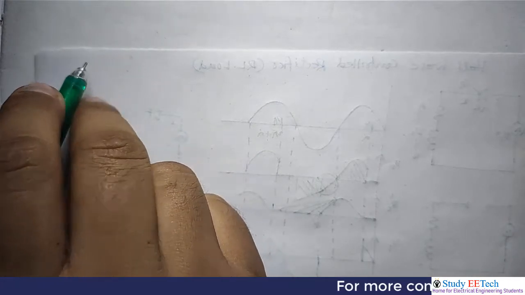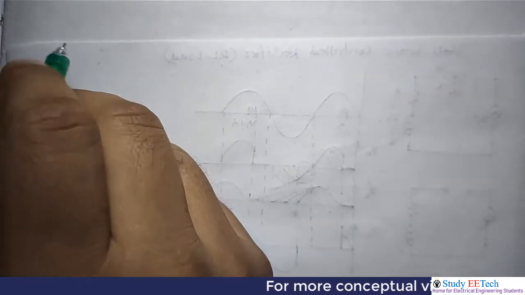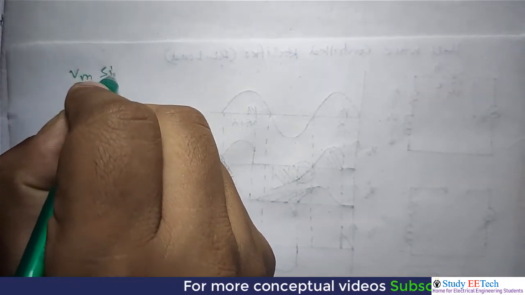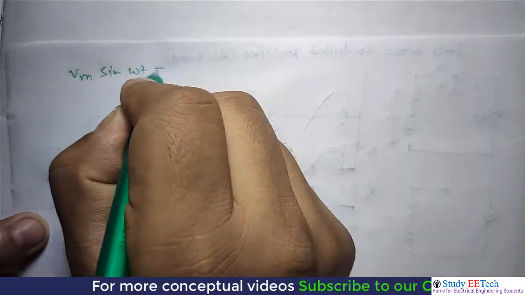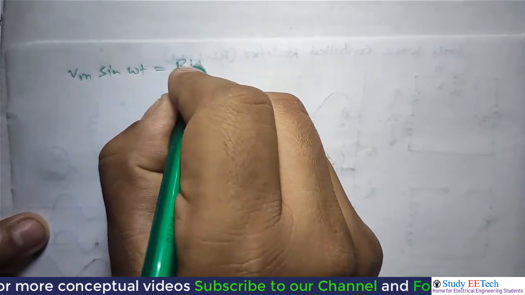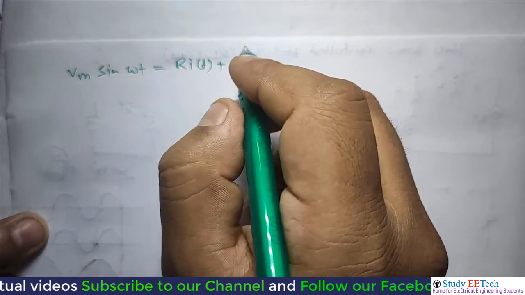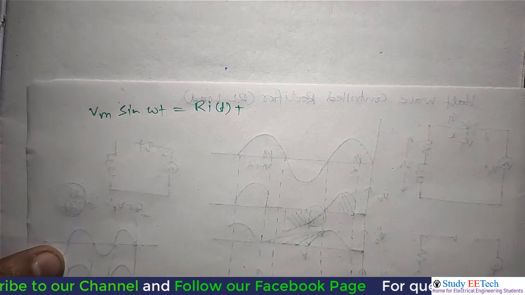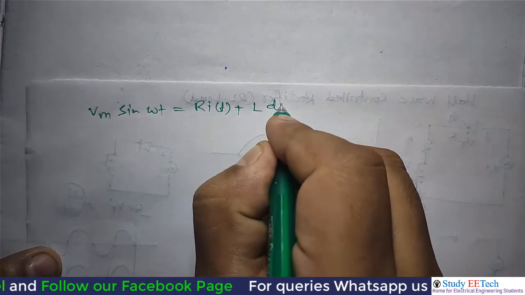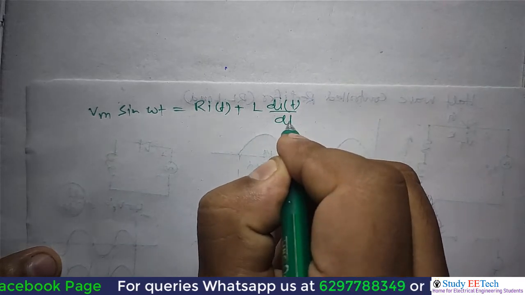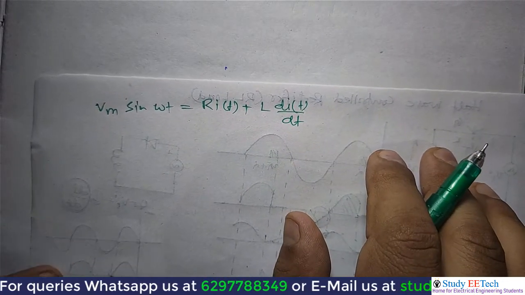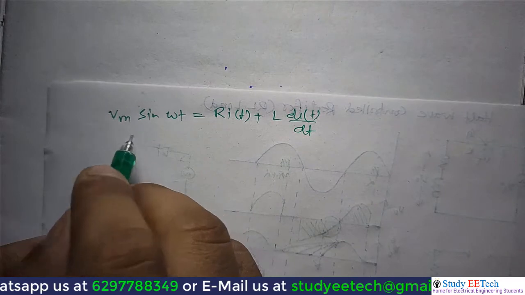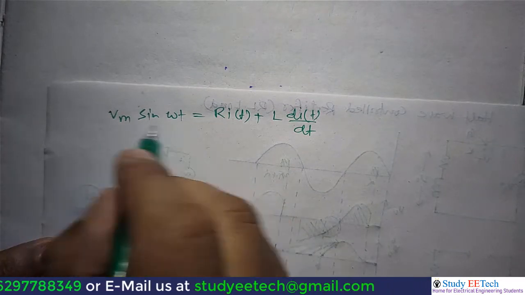So with this equation, again, let me write Vm sin omega t equal to R into i(t) plus L di(t)/dt, right?